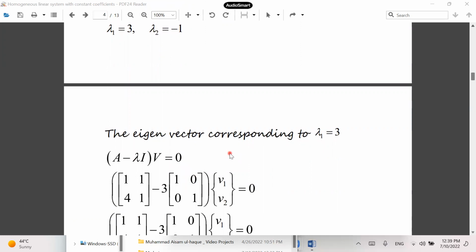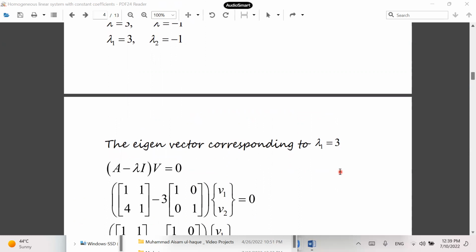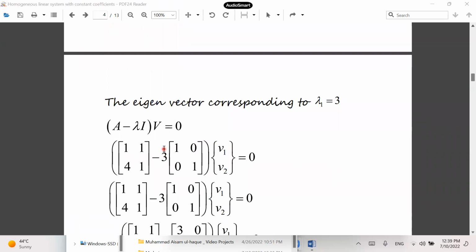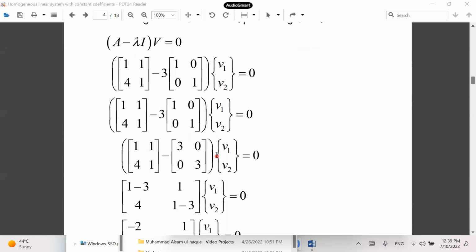The eigenvector corresponding to the first eigenvalue, λ1 = 3. Here we again use the equation (A − λI)v = 0, where λ is 3 now because the first eigenvalue is 3. So we substitute 3 here, and multiply with the vector whose elements are v1 and v2.